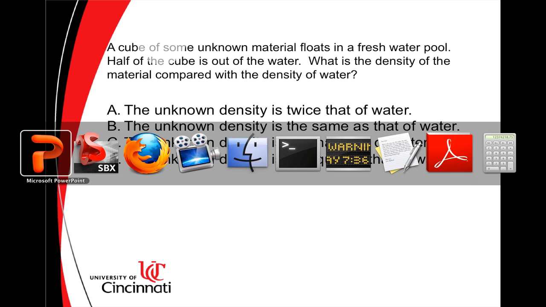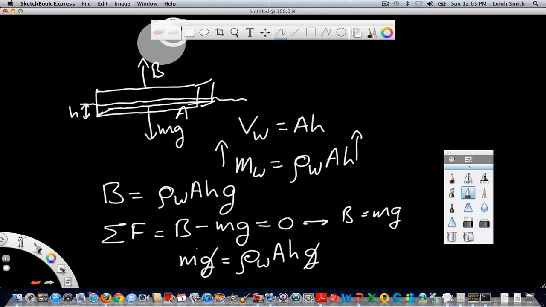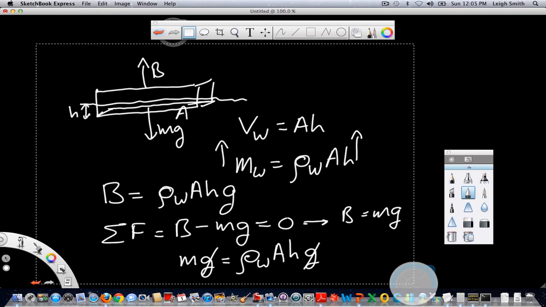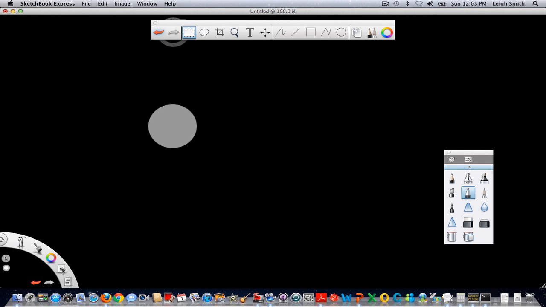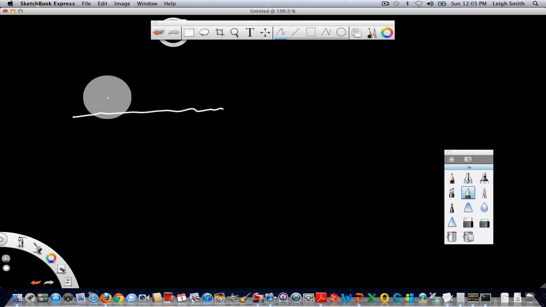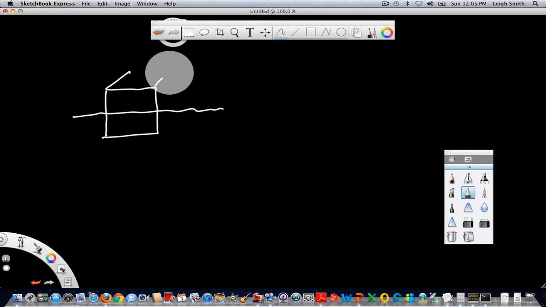So let me get rid of this drawing. And again, it's pretty much the same thing. You've got the water. You've got a cube, which presumably has every side equal. And it floats down so that 50% of it is exposed.